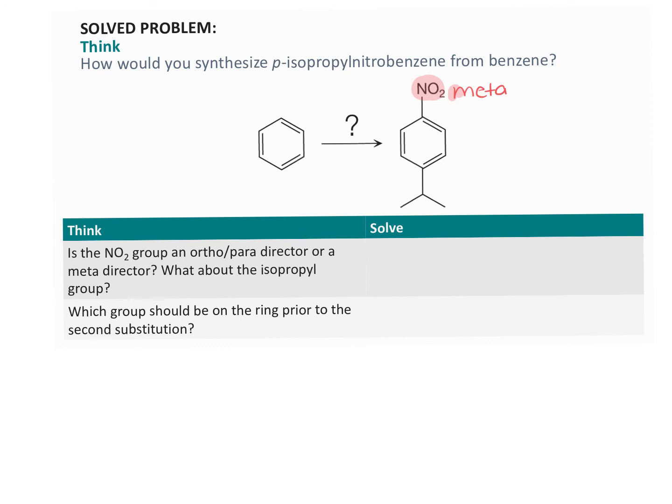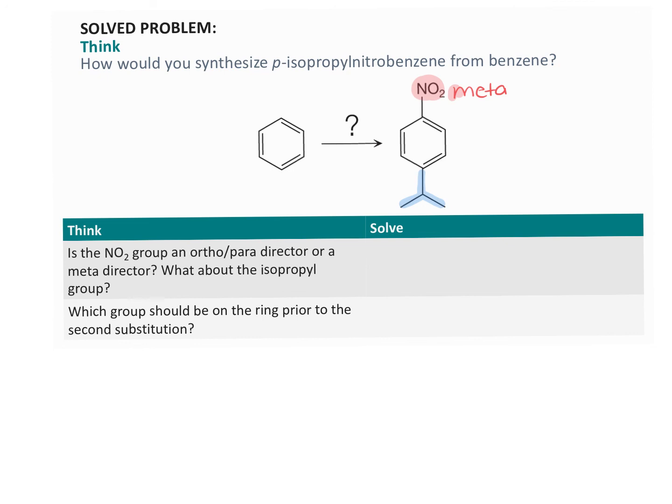And then the next thing I look at is the isopropyl group. I ask myself, what type of director is this?